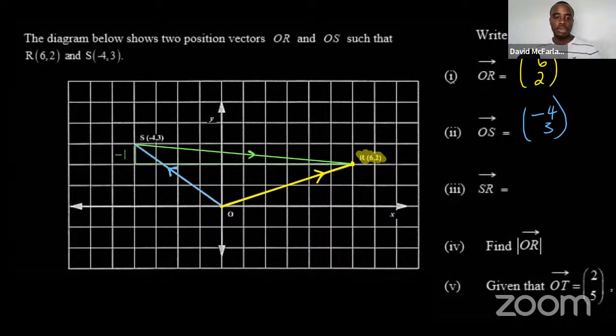Down by 1 is -1, and to the right by 10 is +10. So vector SR is equal to 10 in the X direction and -1 in the Y direction.